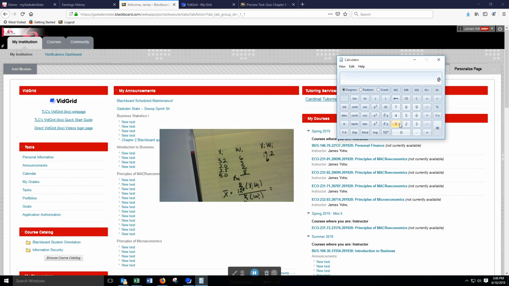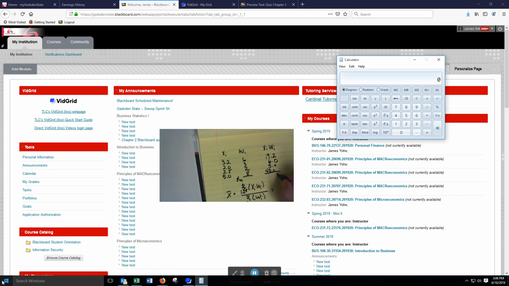I know that's 6. 2 times 2.5, that's 5. 8 times 5 is 40. Okay, and we're going to sum those up. I got 19.2, 6, 5, 40. So the sum of w sub i times x sub i is 70.2, and we have 4 observations.